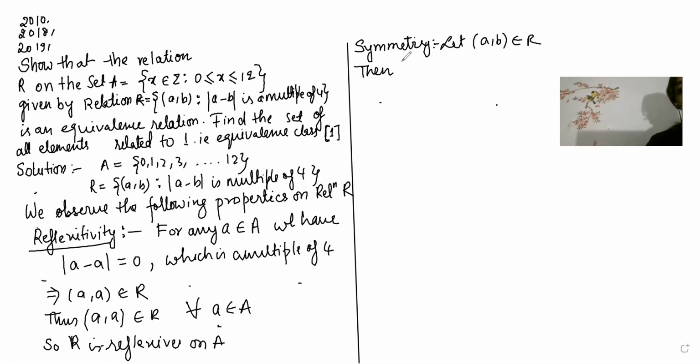Then if (a, b) belongs to R, the modulus of a minus b must be a multiple of 4.